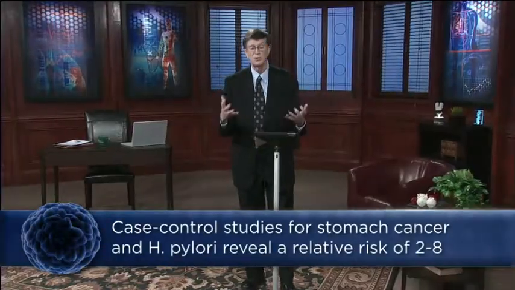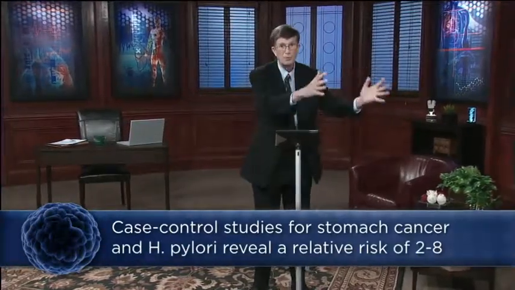in epidemiology. So this is evidence for a bacterial infection causing cancer. Case control studies have been done. The relative risk typically is between 2 and 8. That is, you take a group with stomach cancer and a group without, and you see which ones are infected with Helicobacter, and there are more. Cohort studies have been done. You take a group of people with cancer and without, and you ask which ones are infected.